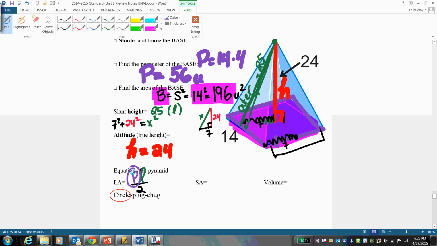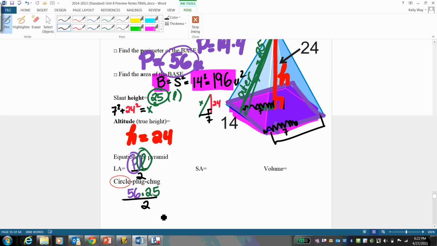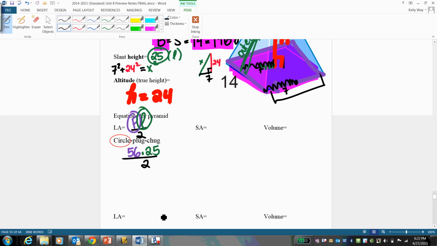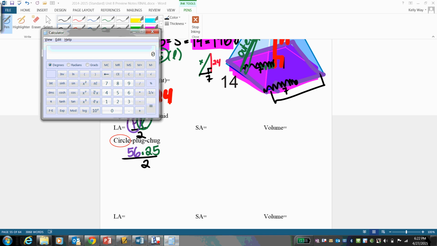Ready? Perimeter. Pick it up. You already have it. 56 times slant height. You already figured that out. That's 25 over 2. So 56 times 25 over 2.